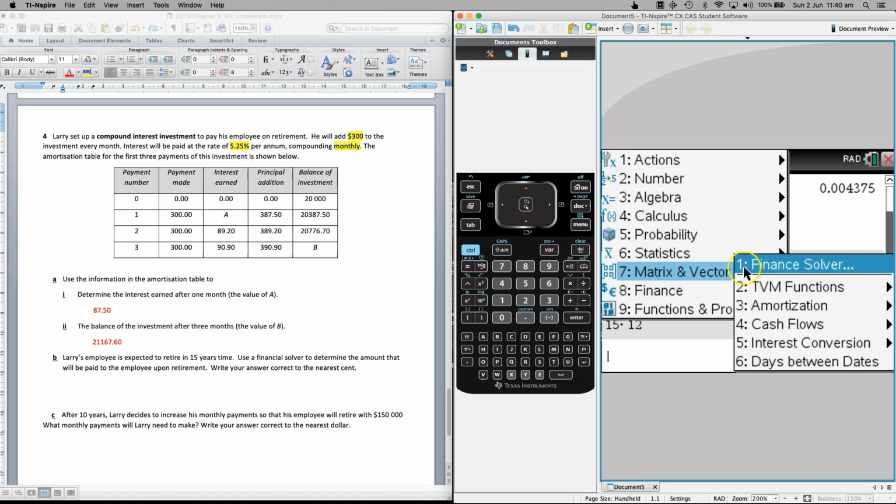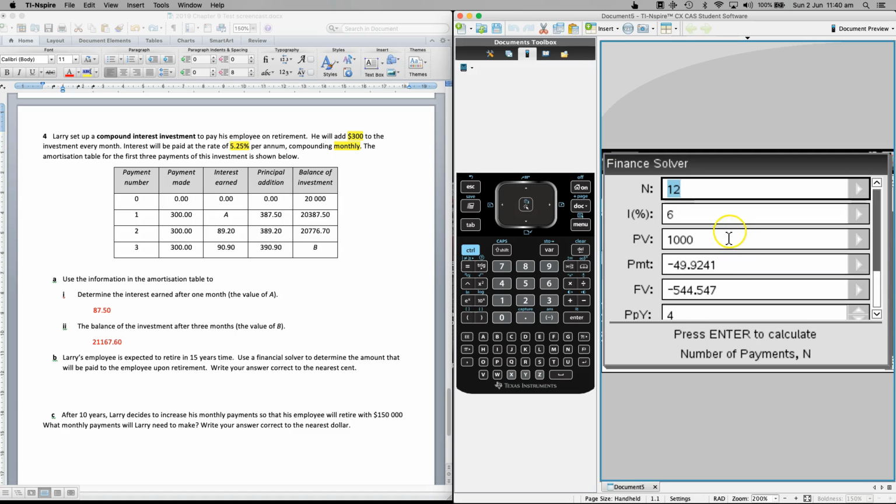Going now into the finance solver. So 180, the interest is 5.25 per annum. And really we've got 20,000.